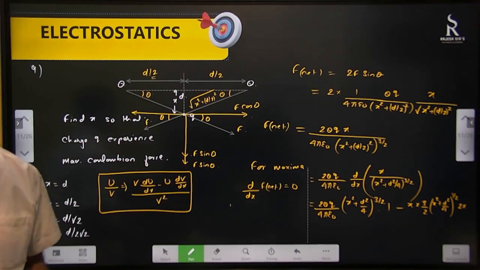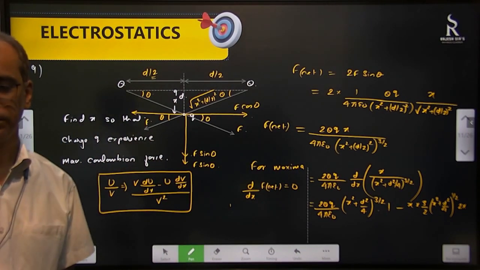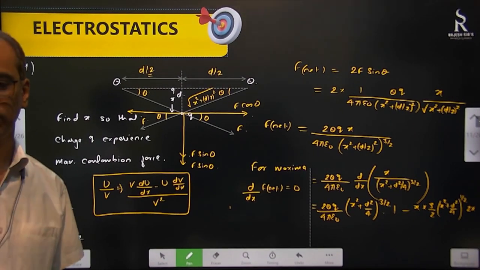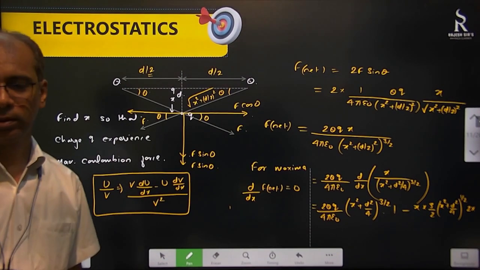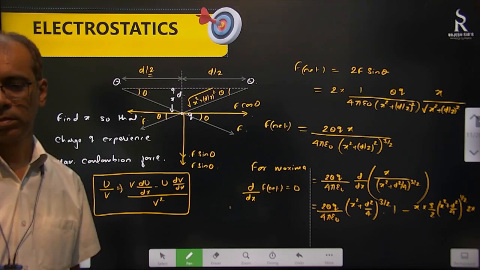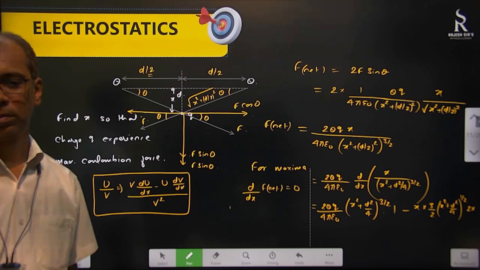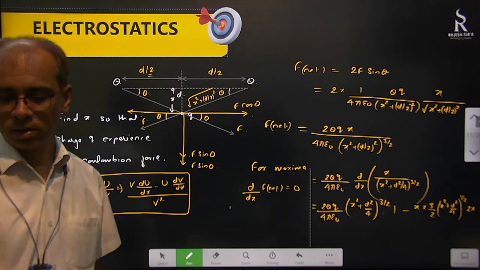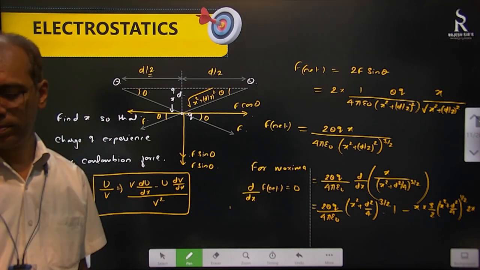Remember, just a minute. Give it slightly. Okay, slightly on the right side. You are not able to see in proper way.